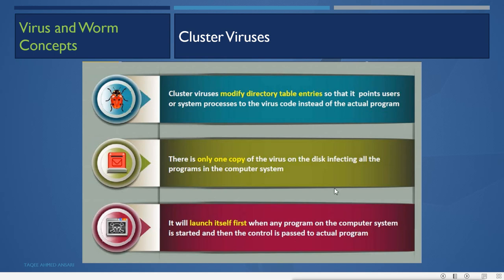So what does this virus actually do? It modifies the directory tables for the file system, and when any program executes, it executes the virus code first, and then it transfers control to the actual program.